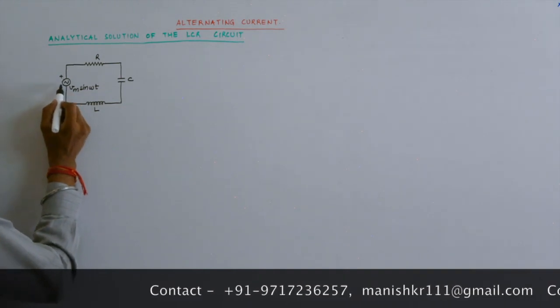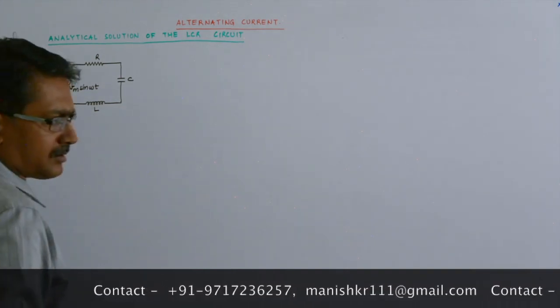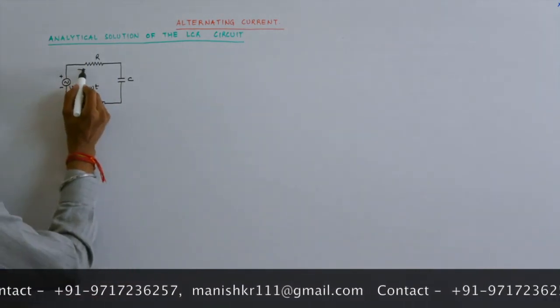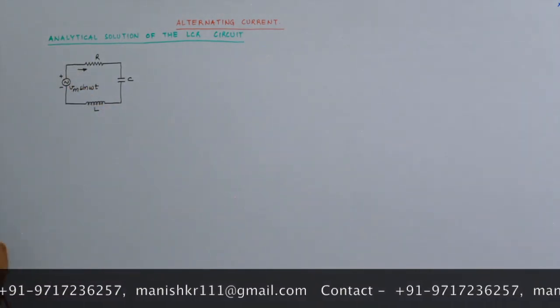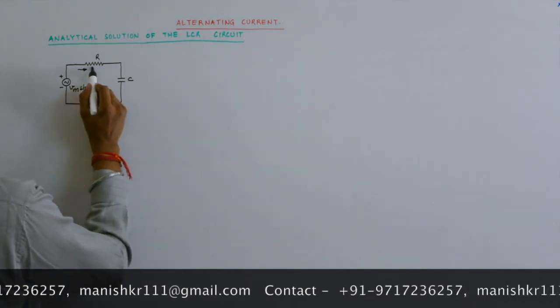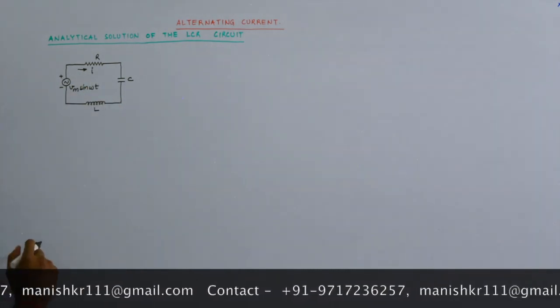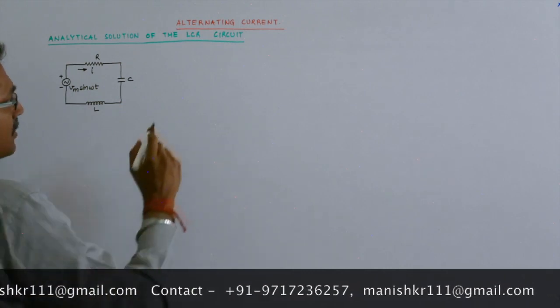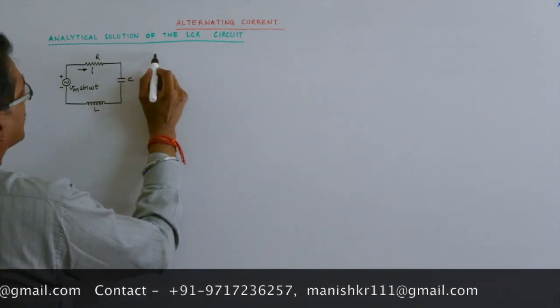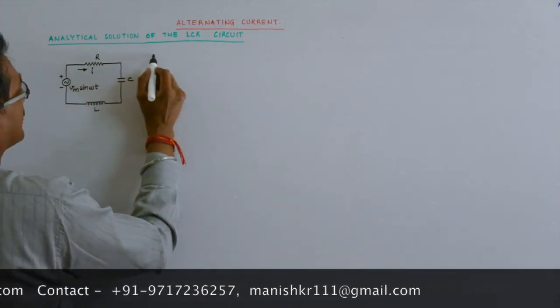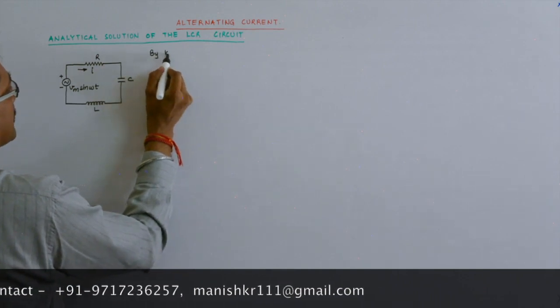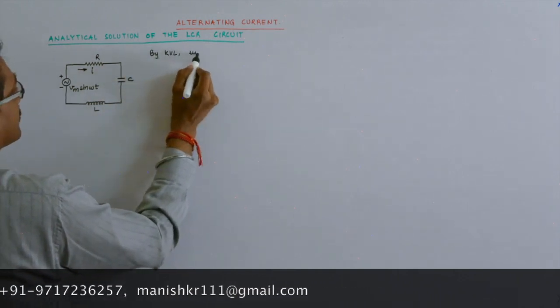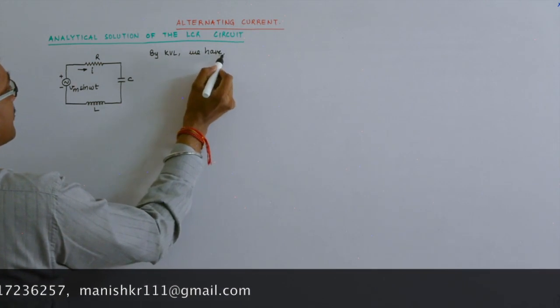And as I had told you, let us say when the voltage is like this and the current is like that, then what is the equation that we'll be writing? What equation will we write? We'll write that by KVL we have, what do we have by KVL?